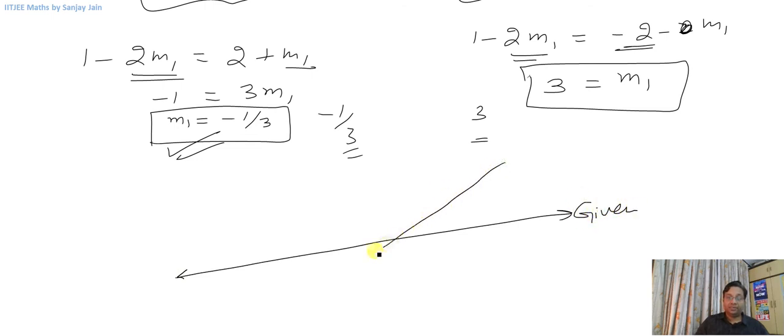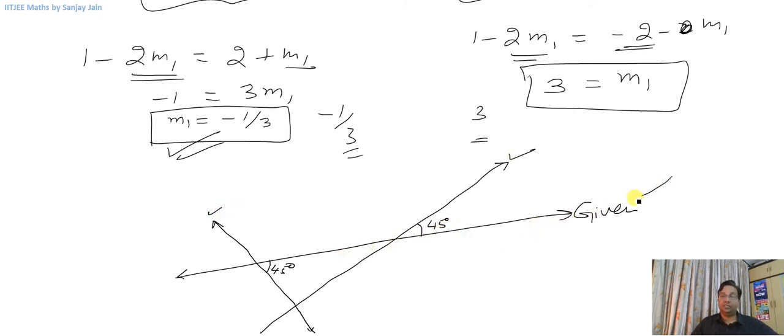So we have found the slope of this line, which was inclined at 45 degrees with this line, okay. But now see, there can be another line like this which is also inclined at 45 degrees with this line. So there can be these two lines which are inclined at 45 degrees to this given line.